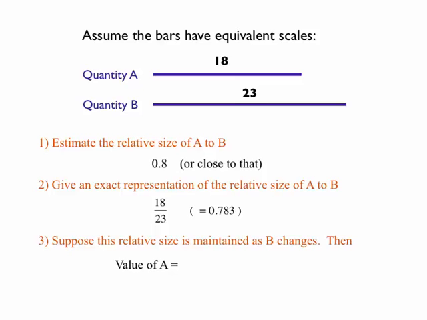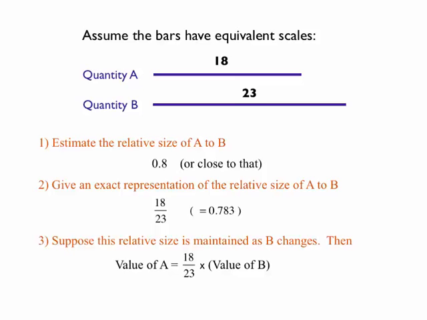Yeah, this is exactly what relative size means. If A is 18/23 of B, and you have B, then you're going to take 18/23 of it, right? And how do you do that? What do you do to take 18/23 of something? You multiply, right? You're going to take 18/23 of the value of B to get the value of A.